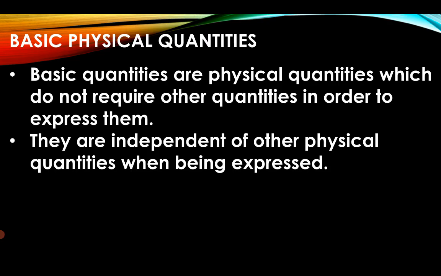So any quantity which does not require other physical quantities in order to express it is called a basic quantity. These are independent; they don't depend on other quantities in order to fully express them.